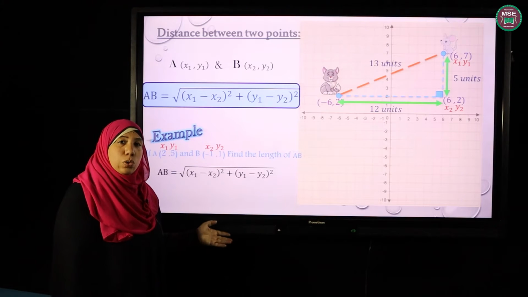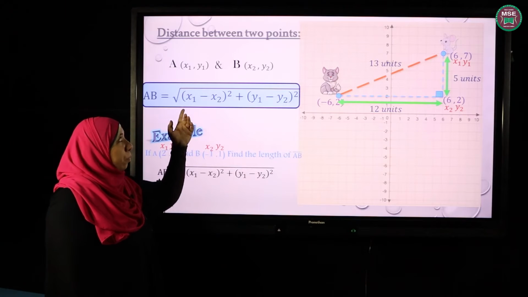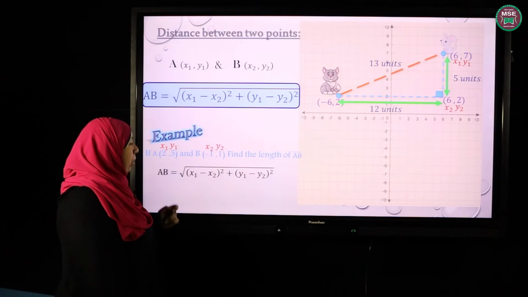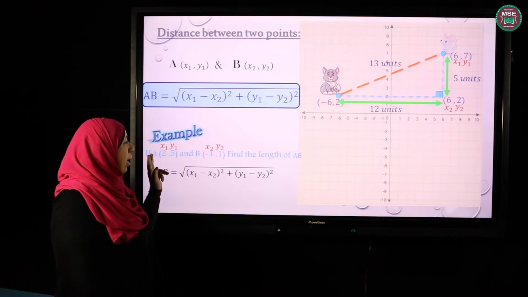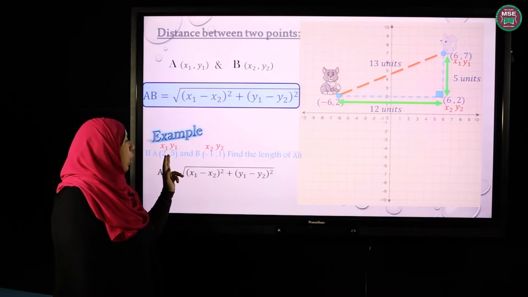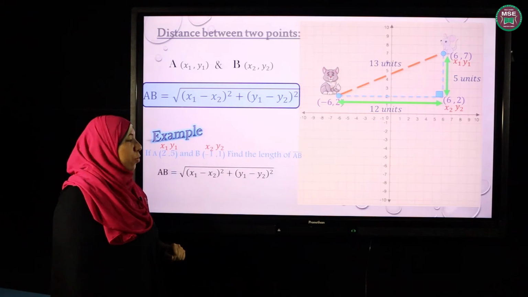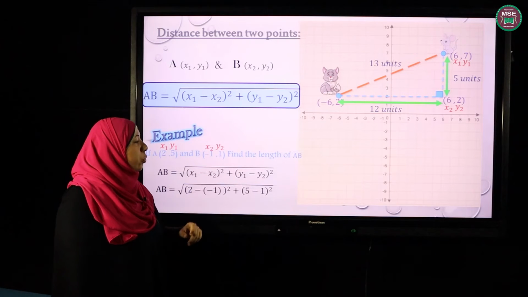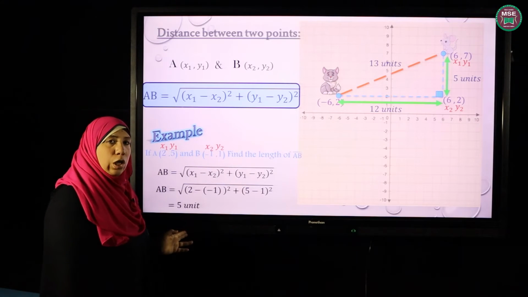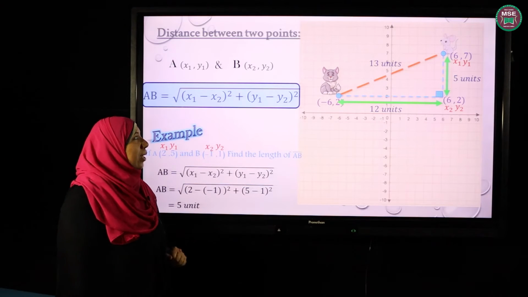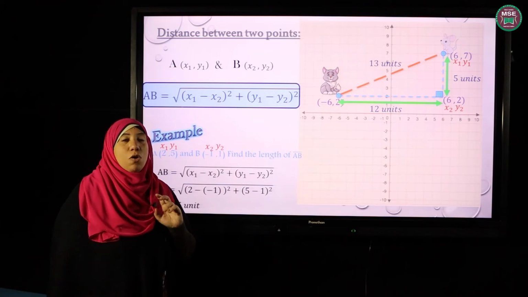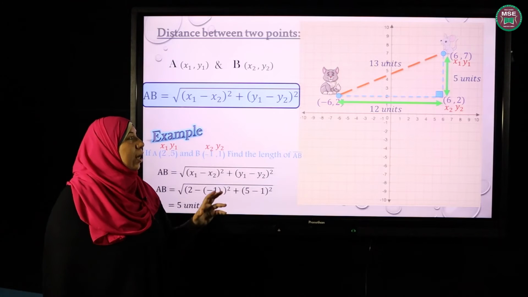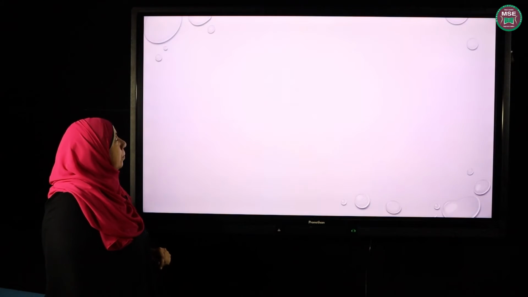I will use the rule of the distance of AB. I will make x1 minus x2 and y1 minus y2 in the other point. So it will be 2 minus -1 plus 5 minus 1. It will give you 5 units. This rule can find any length of any 2 points on the coordinate plane.